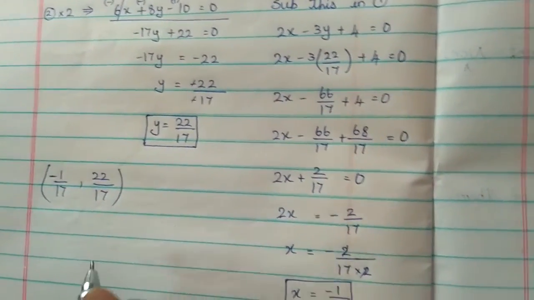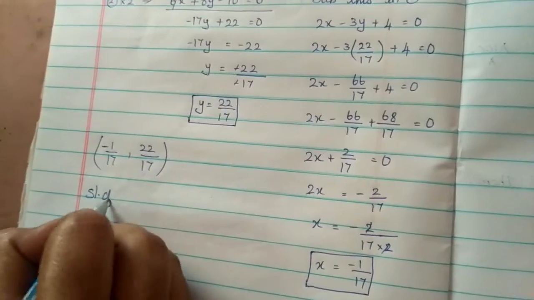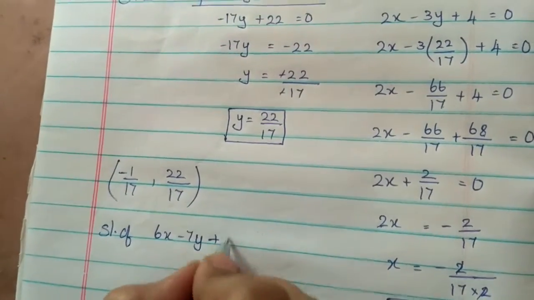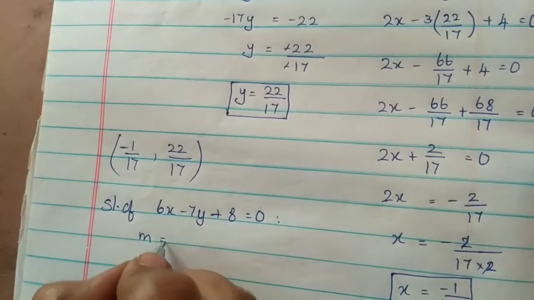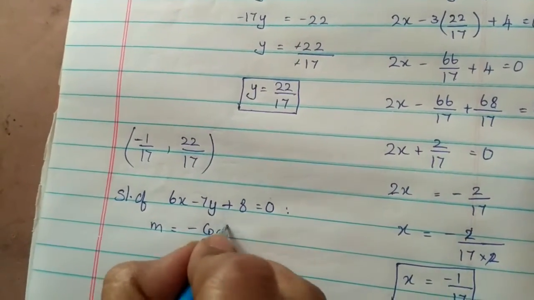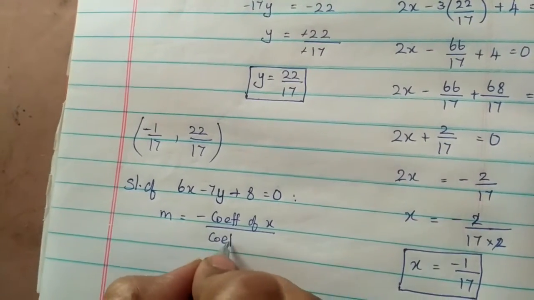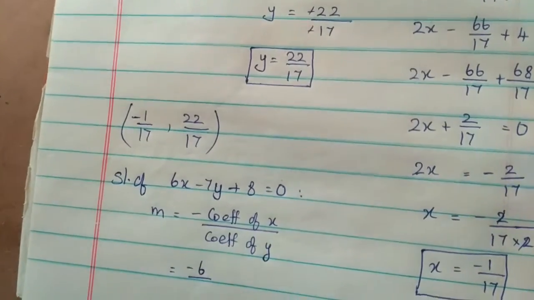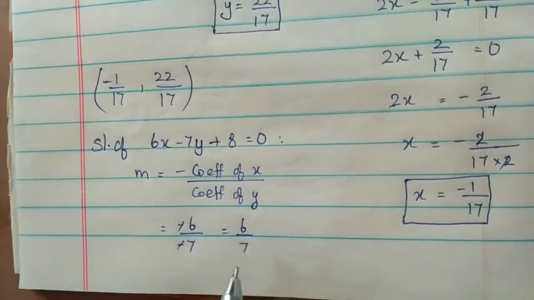Next we have to find the slope of the third line. Slope of 6x minus 7y plus 8 equal to 0. To find the slope, the formula is minus coefficient of x by coefficient of y. Minus 6 by minus 7. So it is 6 by 7.